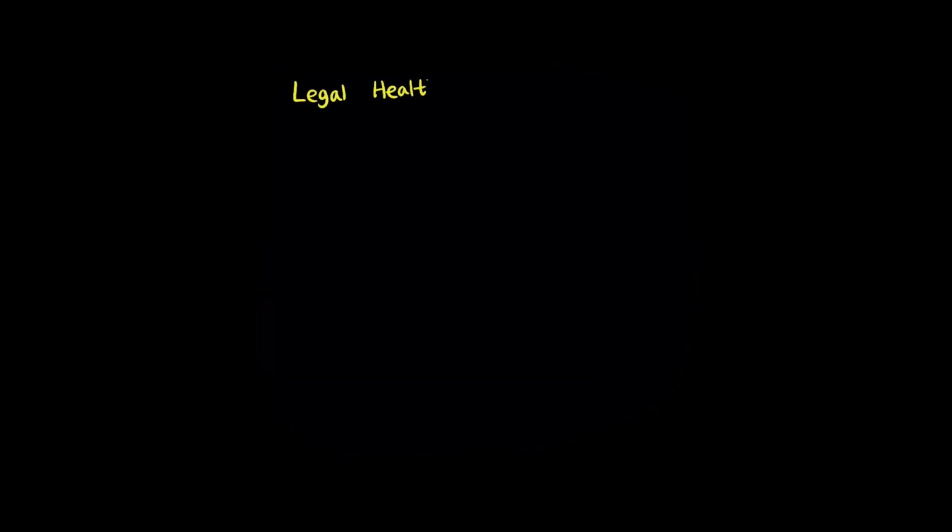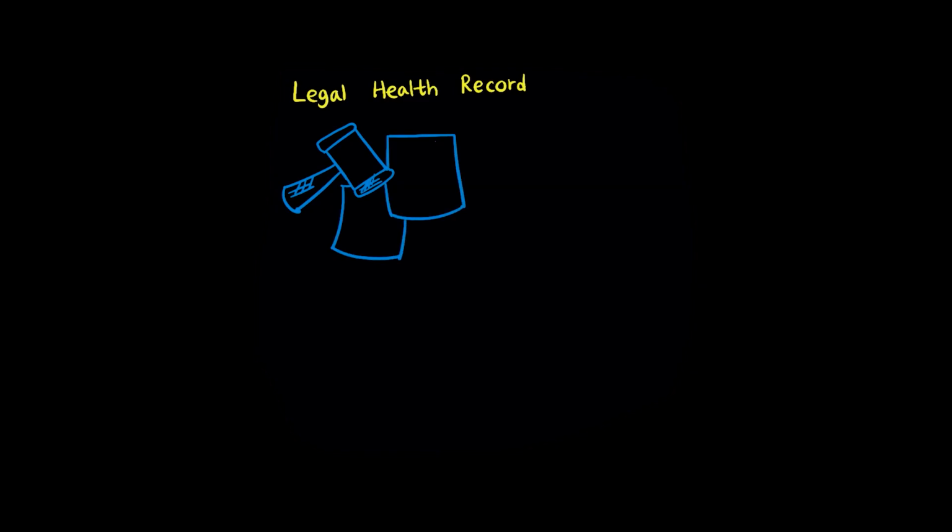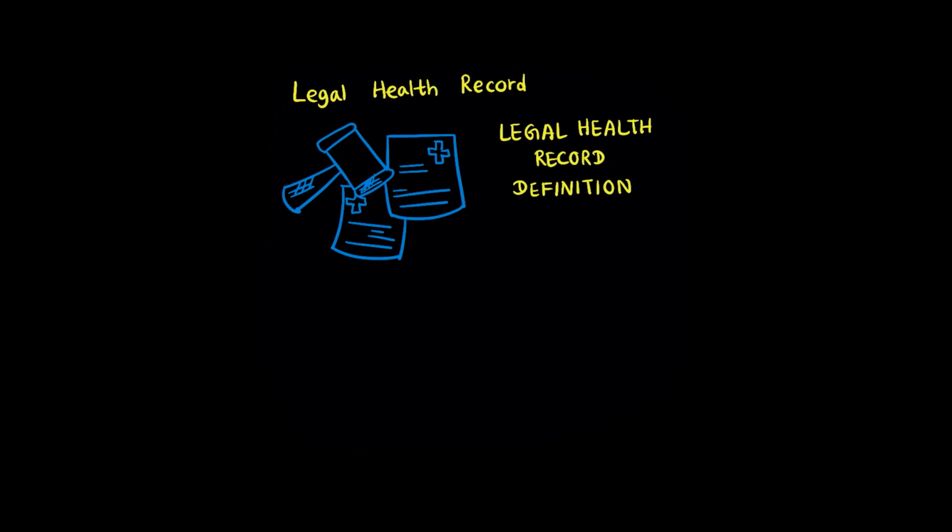Legal health records must meet specific requirements to be admissible as evidence in court proceedings. When patient records must be produced as evidence, the organization's legal health record definition determines if the electronic health record will be legally acceptable. The legal health record definition establishes what constitutes the official business record for legal proceedings, determining admissibility in court cases.